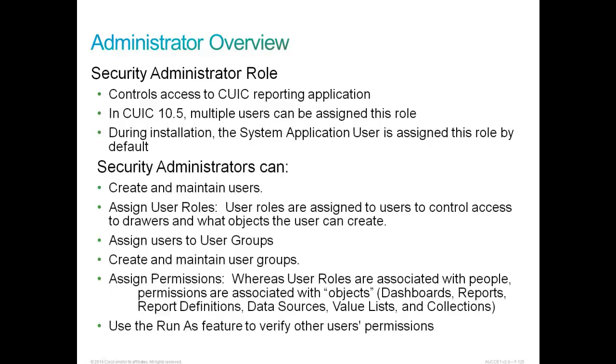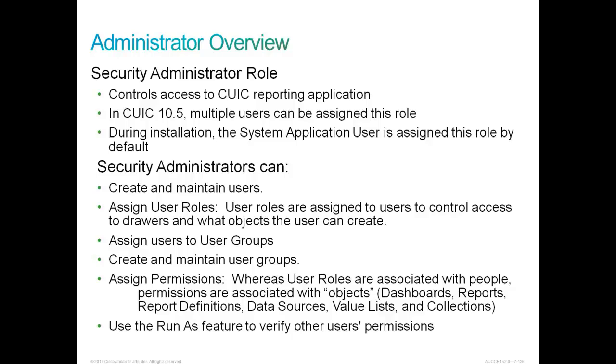Users with the security administrator role can create and maintain users and assign user roles. The user roles are assigned to users to control access to drawers and what objects the user can create. The security administrator role can also assign users to user groups, create and maintain user groups, and assign permissions.